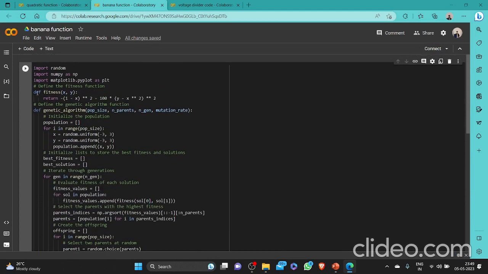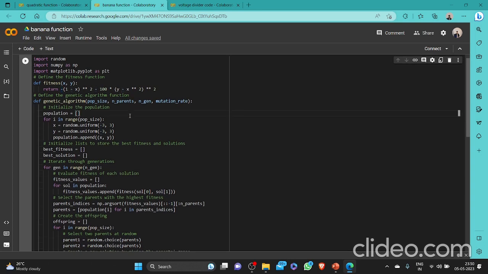First of all, we will define the fitness function, fitness of x comma y. In return, here we will take a minus sign. As this problem is a minimization one, we will multiply this with a negative sign to convert it to a maximization problem.